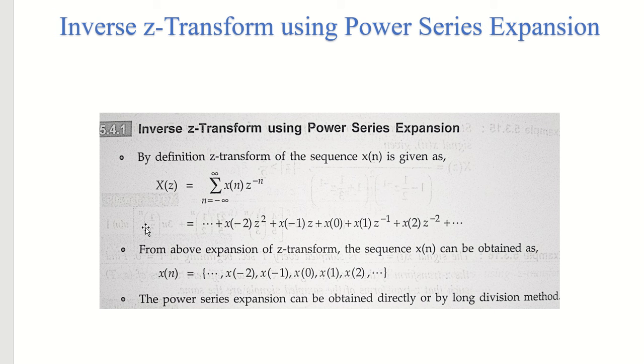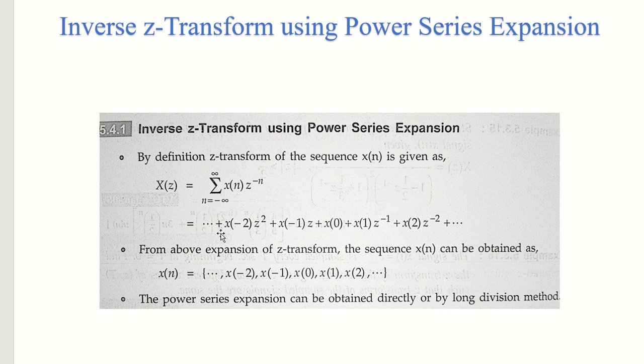Now we all know the basic formula of the Z transform, right? You can see it written right here. X of z equals summation n equals minus infinity to infinity x of n into z raised to minus n. You can represent the same formula using series expansion as well.